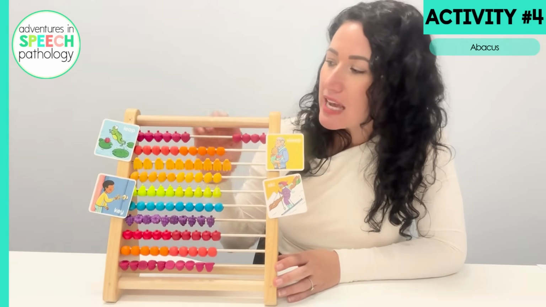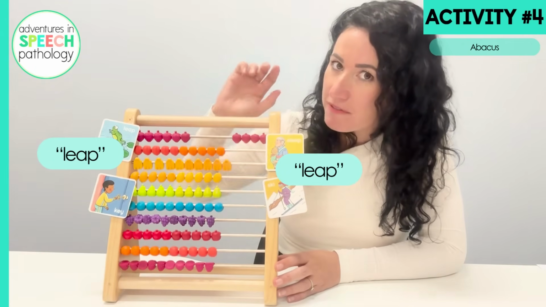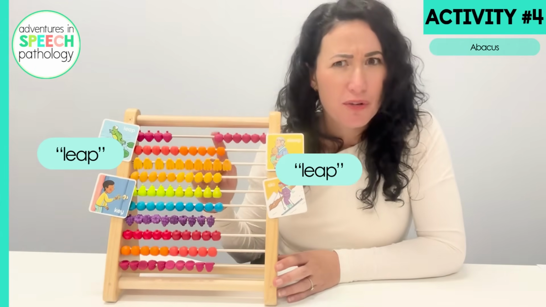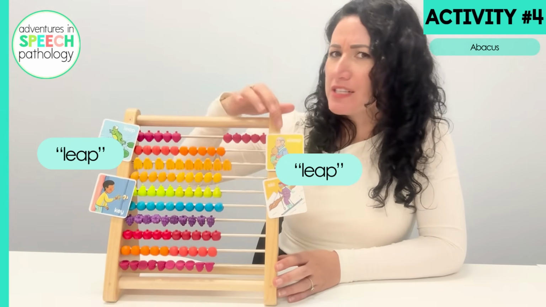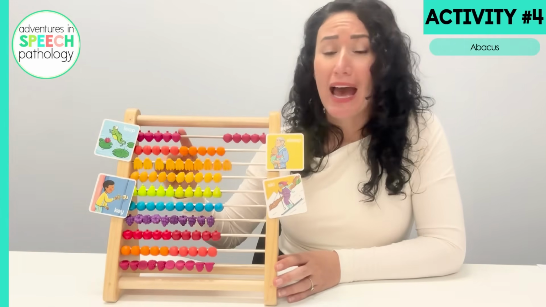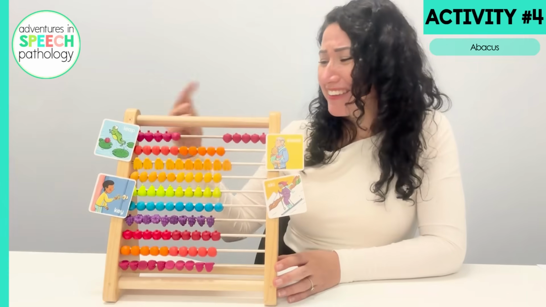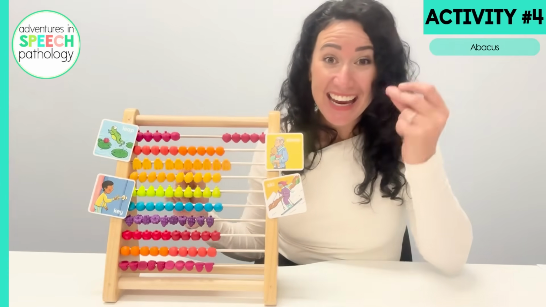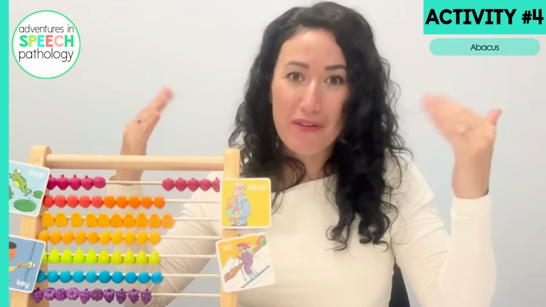Now let's say, for example, they say leap, leap, and they drop off that S. And if they move 2 across, I might move 1 back and go, oh, you said that one twice. You forgot to say this one. And sometimes the act of moving that 1 bead back when they thought they had it over this side really motivates the child to be like, no, no, and they stop and they correct.